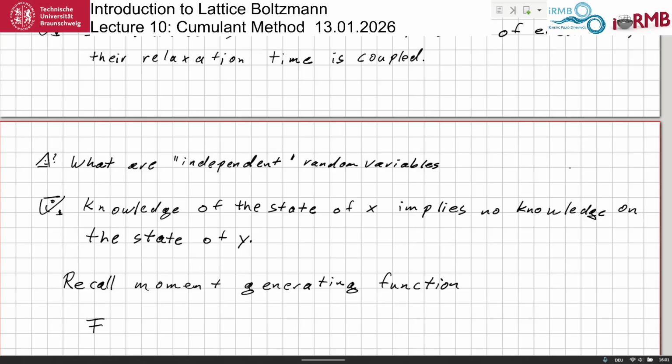The moment generating function can be the Fourier or the Laplace transform. They behave the same way. I usually prefer the Laplace transform just because it's easier to write down.